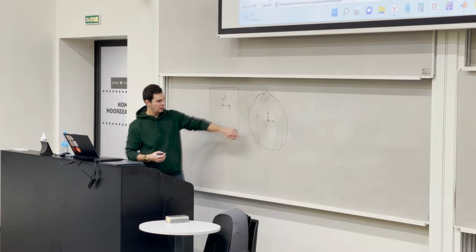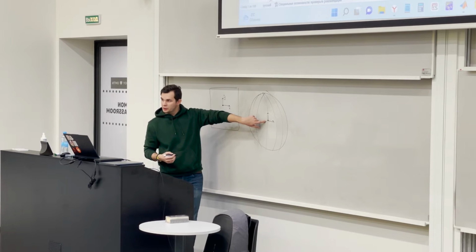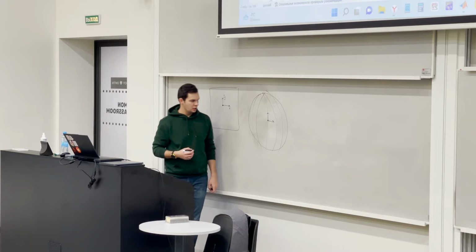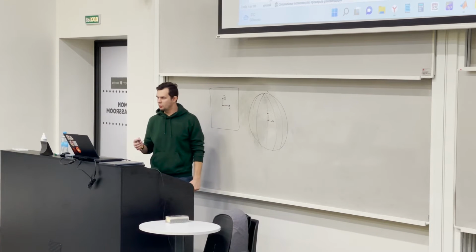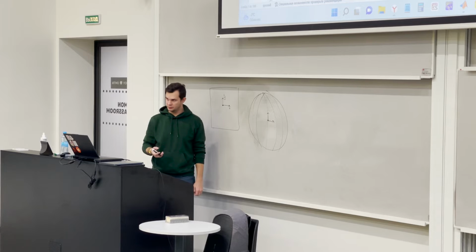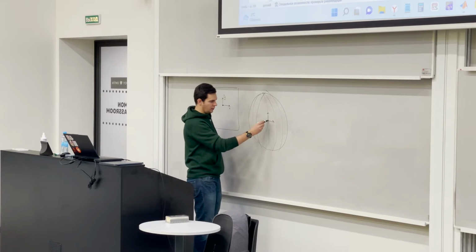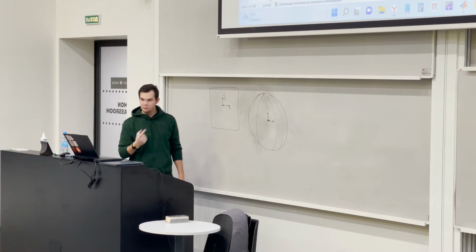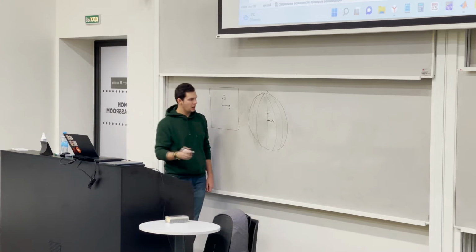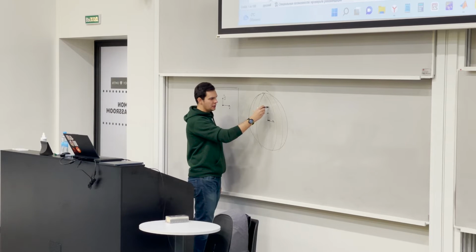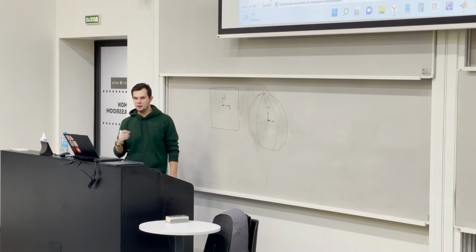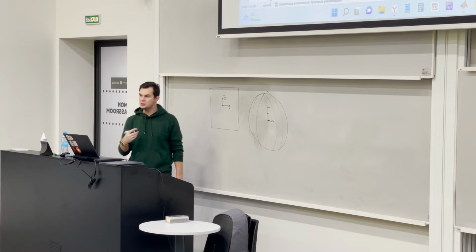Let's assume that you are right here and you covered 1 kilometer, and now you're right here, and everything will be fine. But if we do the same kilometer right here, the motion will be a little bit different.